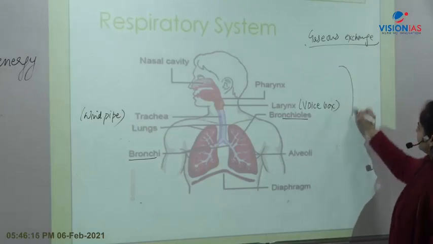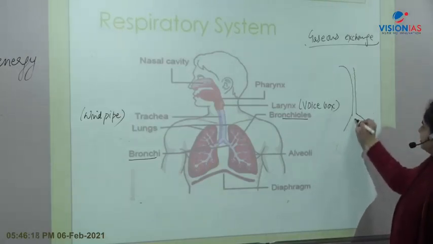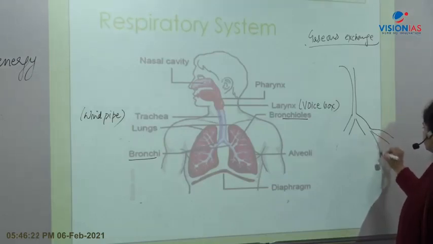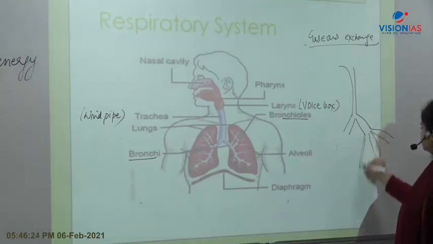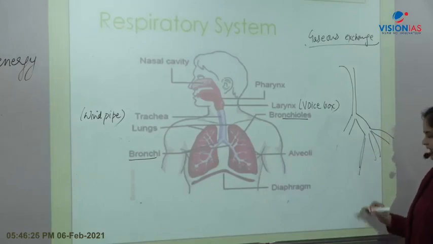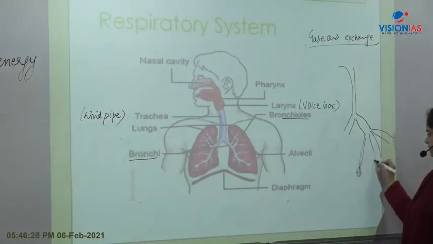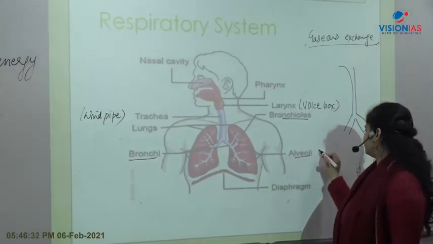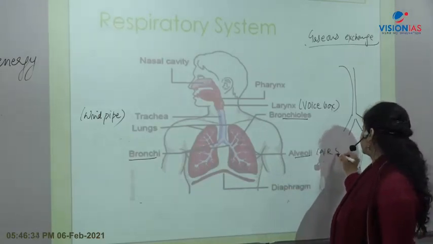So we have the trachea dividing into two, right? This further divides into multiple parts called bronchioles, and finally these bronchioles will end in alveoli, which are air sacs.